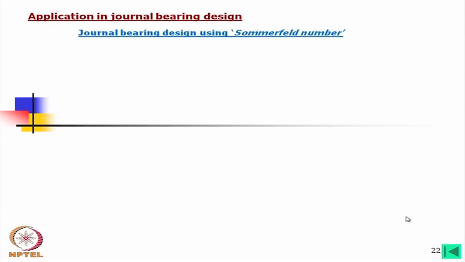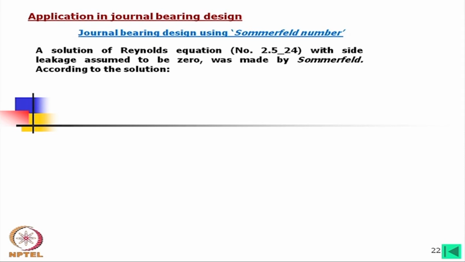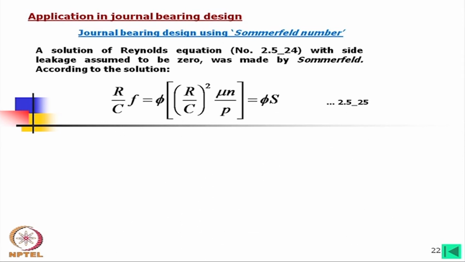So, now let us consider the application in journal bearing design. Sommerfeld proposed that r by c times f is equal to a function of (r by c) square mu n by p, that is equal to phi of s.